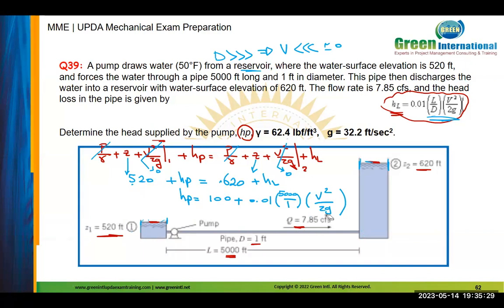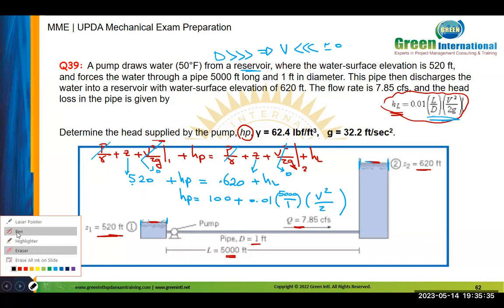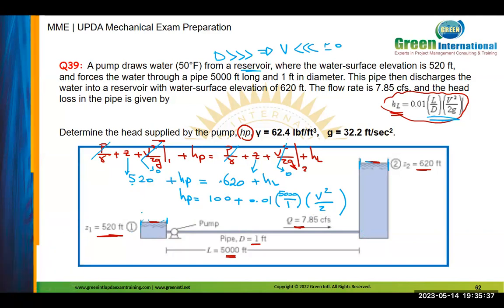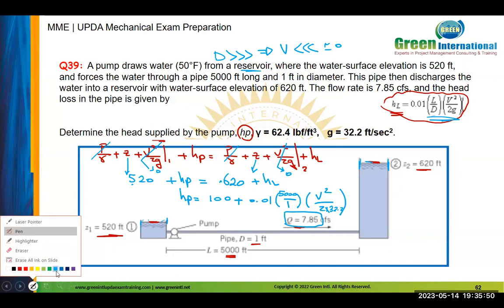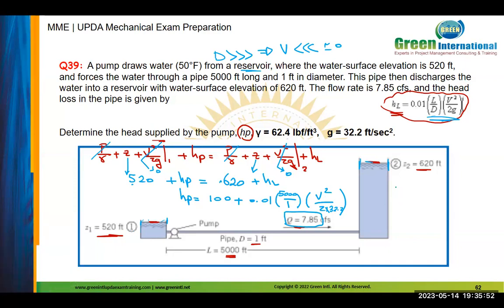What else? g, 32.2 for British. Velocity is not given directly. How to calculate it from this discharge? Continuity. What does continuity say? Velocity is equal to Q over area.